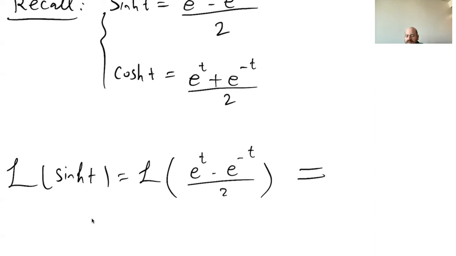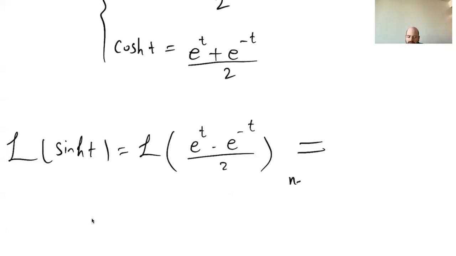Once we show it's linear, it means the Laplace transform of a sum of two functions is the sum of the Laplace transforms, and if there is a constant involved, you can take the constant out. So next time we will show that the Laplace transform is linear.